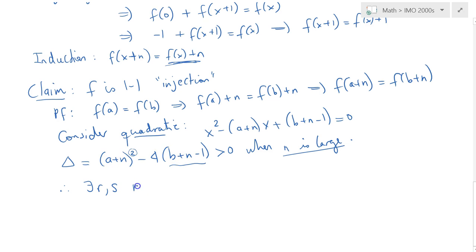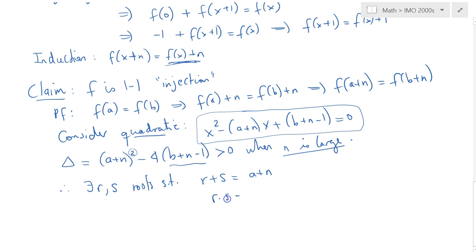Now if you apply Vieta's formulas to our quadratic, it tells us that the sum of the two roots, r plus s, is equal to a plus n. And similarly, the product is equal to b plus n minus 1.